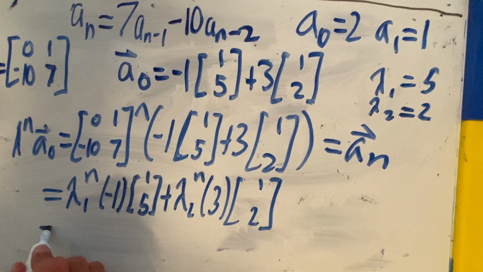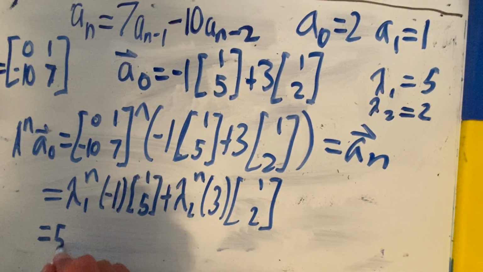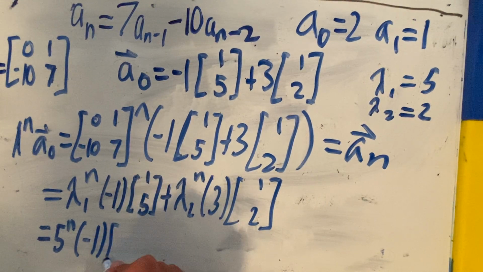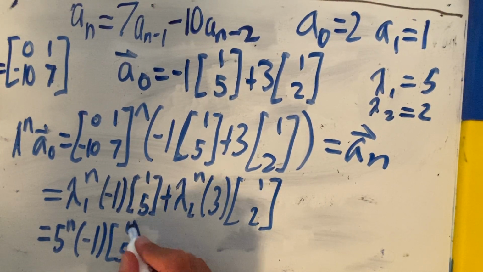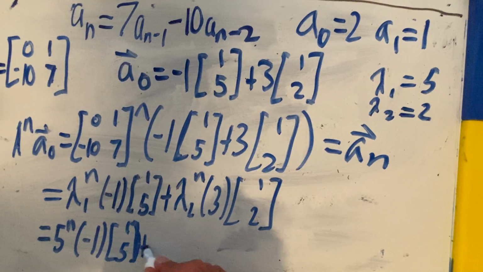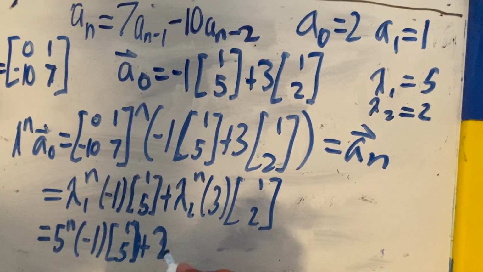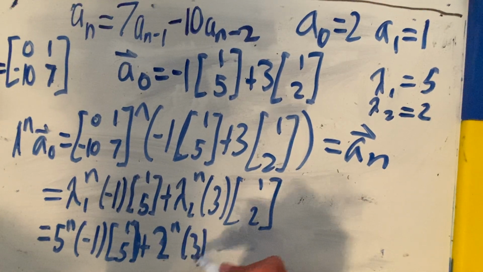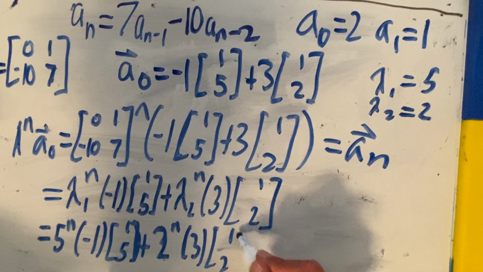And plugging this in, this is going to be 5 to the n times minus 1 times 1, 5 plus 2 to the n times 3 times 1, 2.